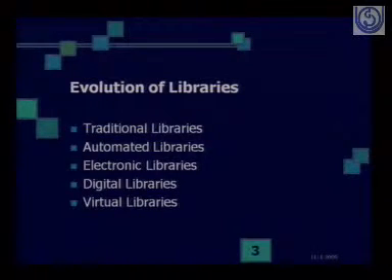After that came on the scene the automated libraries. In the subsequent slides, I'll be explaining what a traditional library is, what an automated library is, what an electronic library is. Then we'll move on to a digital library, and as you have already been told earlier, the future lies in virtual libraries. We never know whether it will be a reality or not, but let's be hopeful.